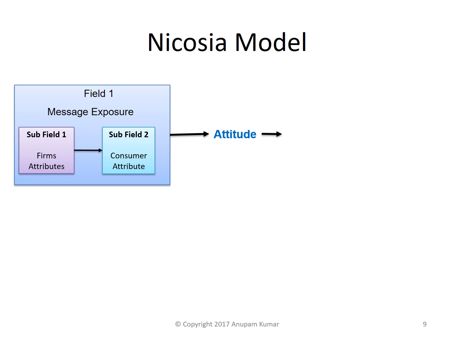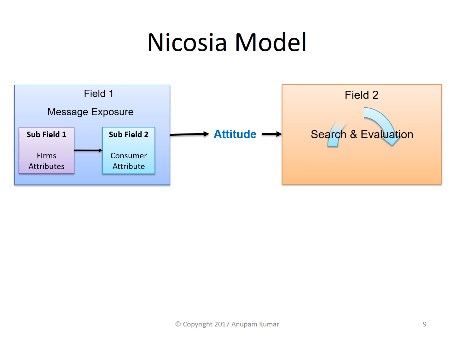This attitude leads to a search and evaluation process. In this search and evaluation process, he weighs the various parameters as were exposed to him during the first field based on his own evaluation criteria, as a result of which certain amount of motivation is formed to show certain action.